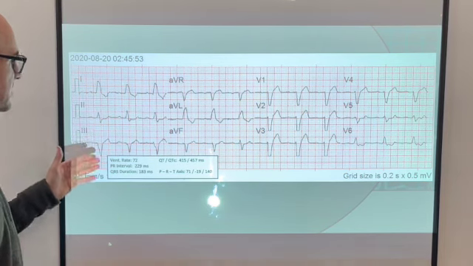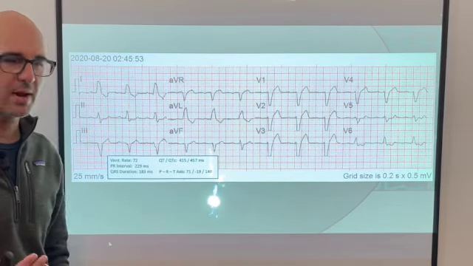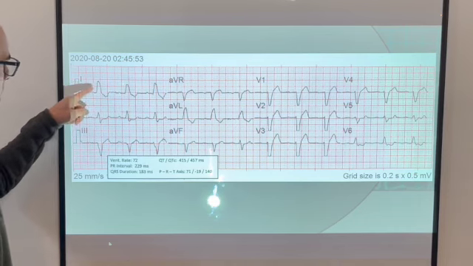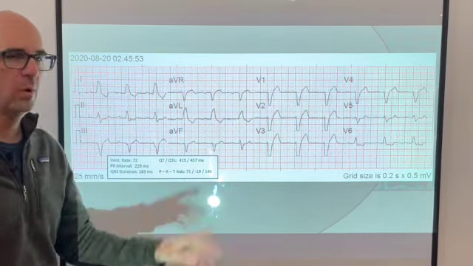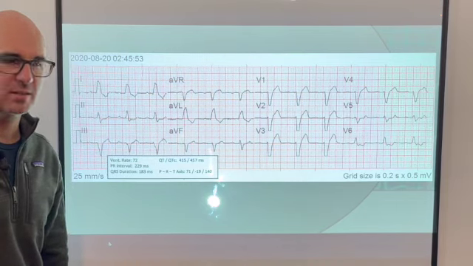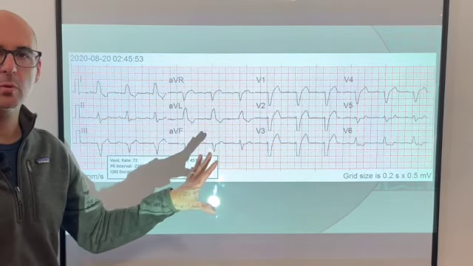All right. And then we can have another 12 lead here that is doing the same thing. We're getting lots of different deflections of the QRS complex. There are R waves and S waves, but they look different because in this case, we have a conduction defect as well. This patient has a left bundle branch block.